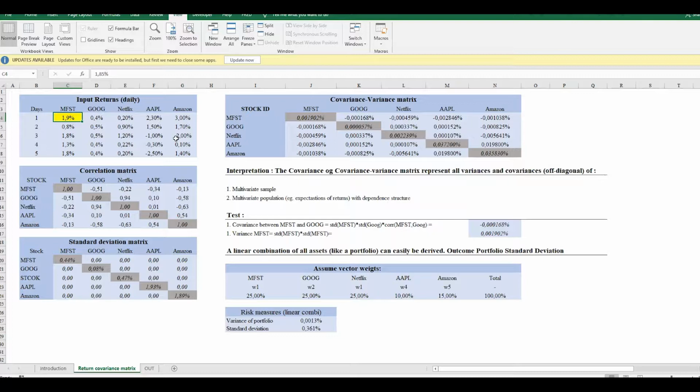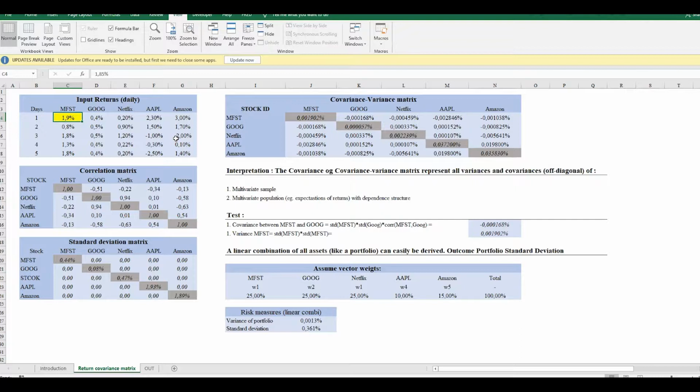But in principle, we could also do it in USD, in monetary terms. These figures here are randomly chosen, and they can be interpreted in this case as historical figures, so 5 days history.